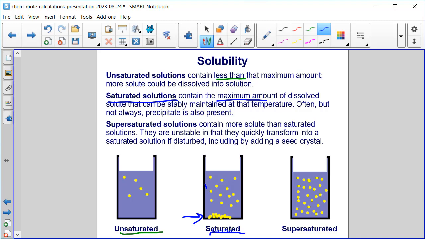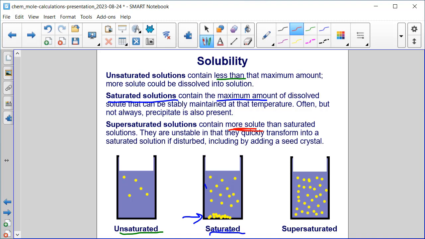And then a supersaturated solution contains more solute than saturated solutions. They are unstable in that they quickly transform into a saturated solution if disturbed, including by the addition of a seed crystal.